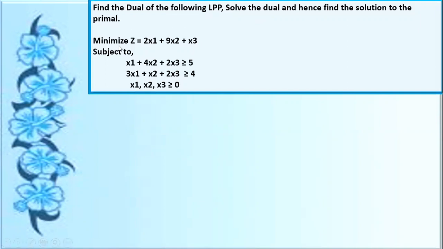It says minimization z equals 2x1 plus 9x2 plus x3, subjected to two constraints and a non-negativity constraint. So the first step is to convert from the primal to the dual form.